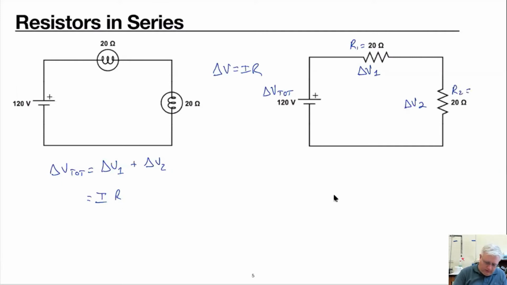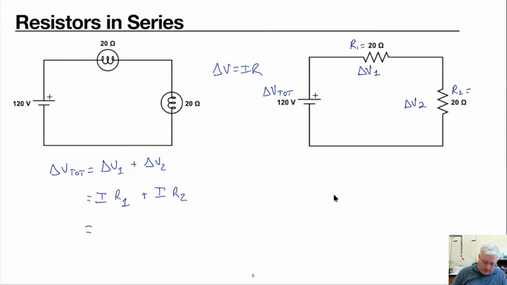So the potential difference, or the voltage drop, across the first resistor is equivalent to the current times the resistance of resistor 1, and same thing for the voltage drop over the second resistor. I don't have to put I1 and I2 because we know that the current is the same everywhere in the series circuit.